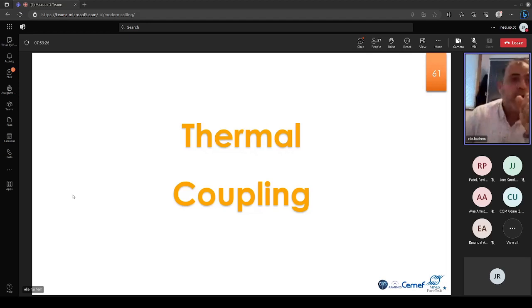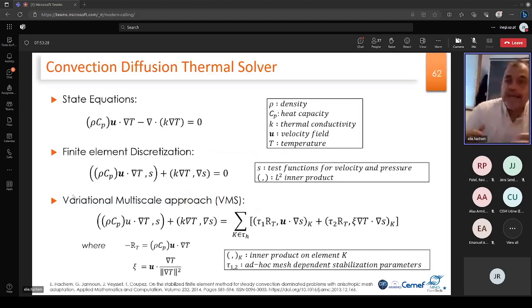So if you go back to your classical resolution of equations, we will solve a convection-diffusion equation. Here it's related to temperature, so I need to put in the parameters of the temperature, which are density, capacity, and conductivity. And then we solve it again by finite element.